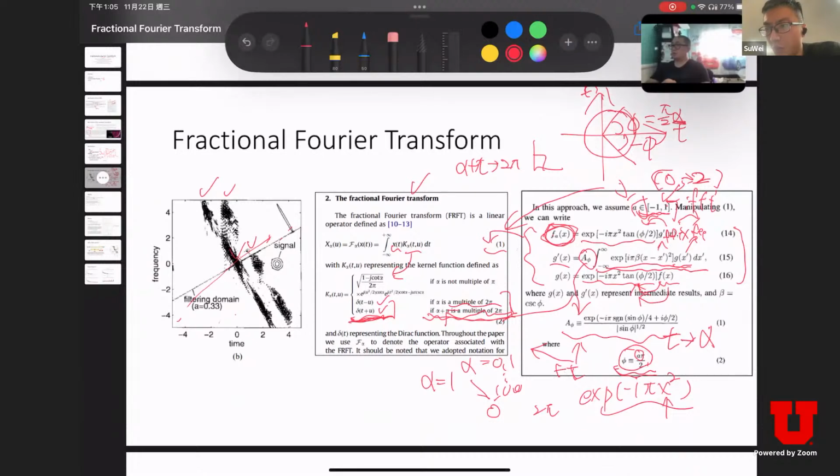Yeah, I probably confused you guys. So the alpha here is the degree, which means the degree in pi, and the alpha here is just a real number, but to transfer the real number to how much pi.